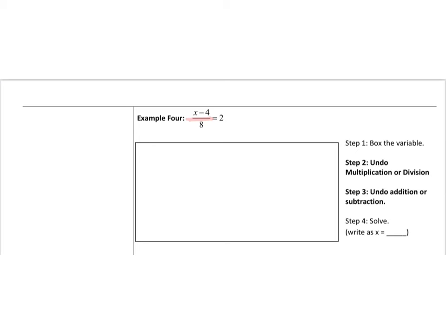So my first recommendation to you with a problem like this is to go ahead and assume parentheses around the entire numerator. Assume that it is one complete unit, one term that is being divided by 8.